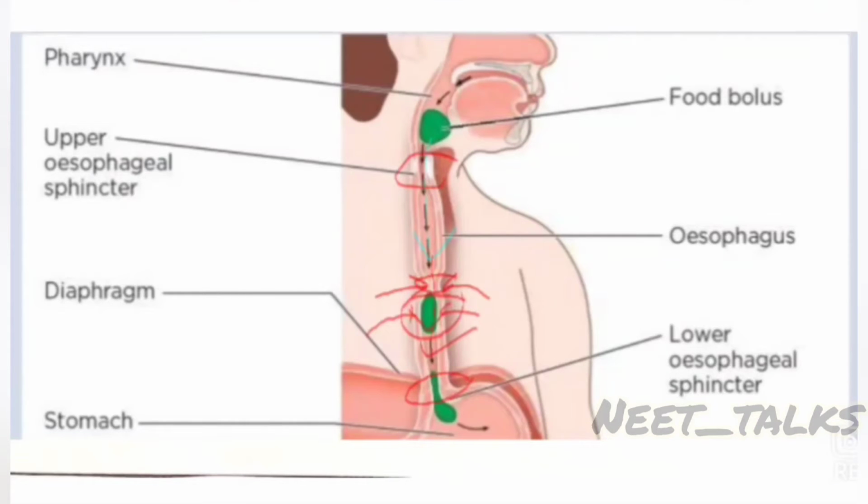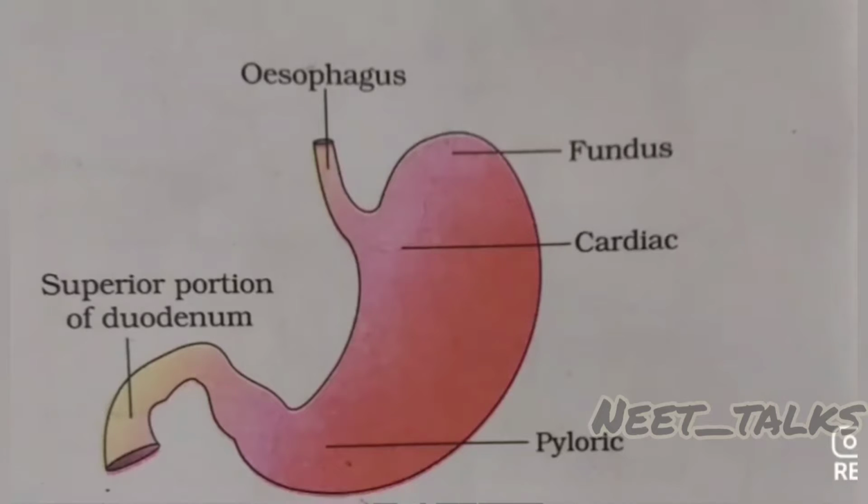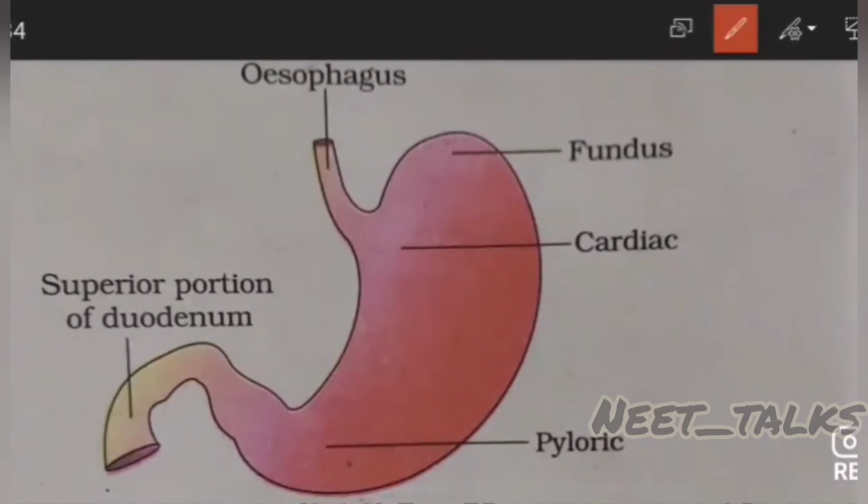Now we have entered our stomach. So the entry of the food to the stomach is directed by the cardiac sphincter, that is the lower esophageal sphincter, or the gastroesophageal sphincter. And when we enter the stomach, it consists of various parts. The portion through which the food enters, that portion of the stomach is the cardiac part, and from the cardiac part of the stomach there is some upward elongation of the stomach, that is the fundus.